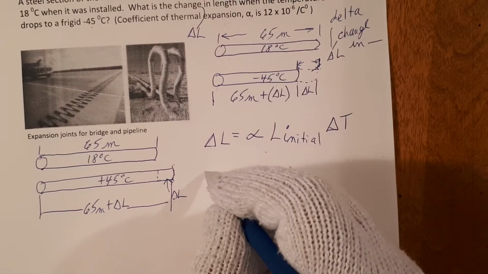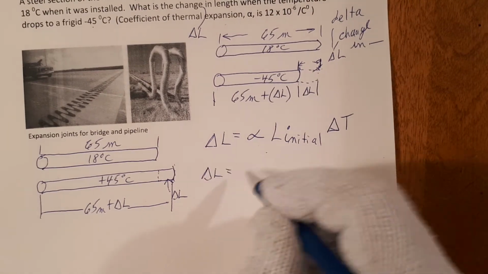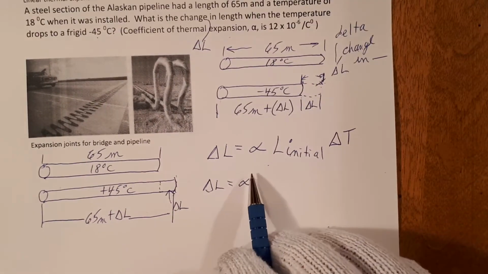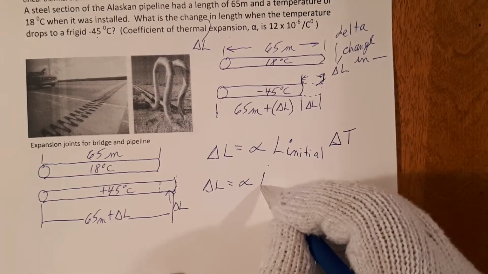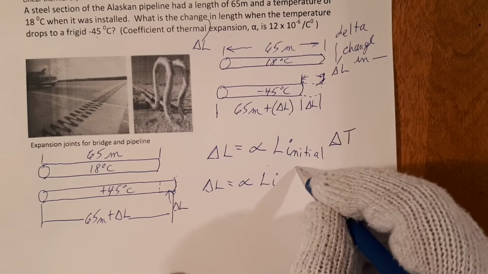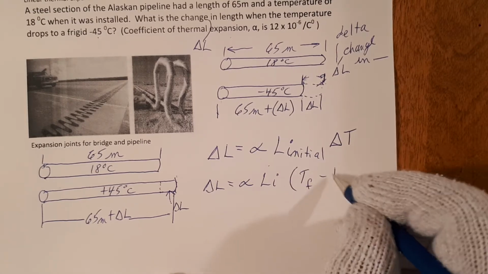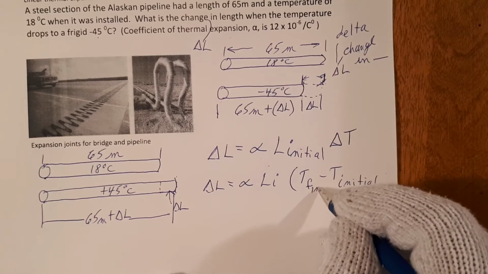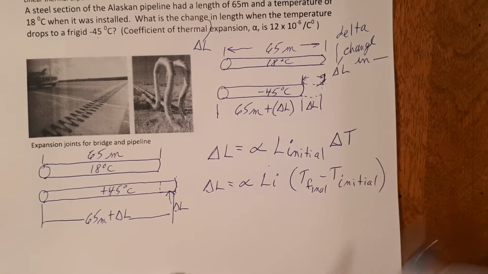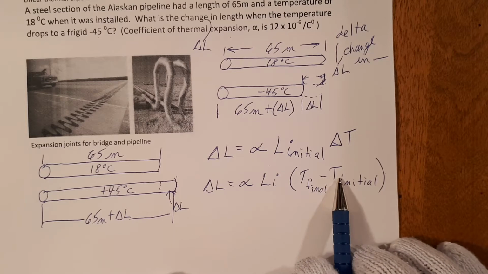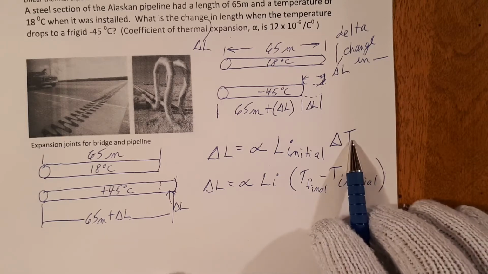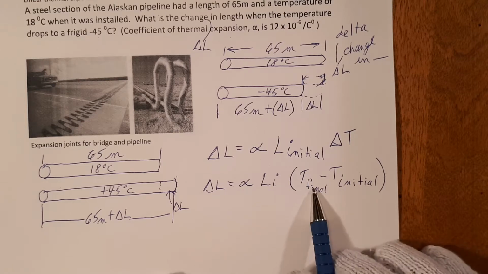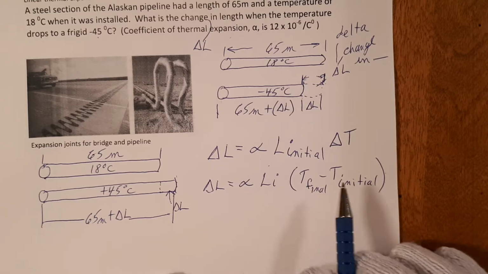The equation looks like this: change in length is equal to the coefficient of linear expansion alpha, the initial length, and this is actually temperature final minus temperature initial. It's a subtraction. When you do this subtraction, you can write it as delta T, or we can expand it, and this becomes a working equation. It's temperature final minus temperature initial, in this order.